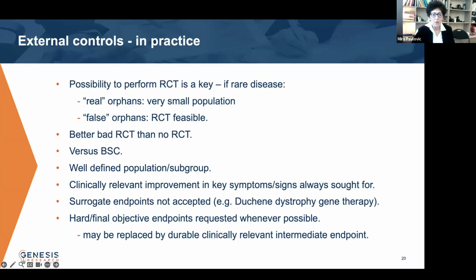And meaning also that hard or final objective endpoints are requested whenever possible. Sometimes they could be replaced by a clinically relevant intermediate endpoint because it's also clinically relevant.